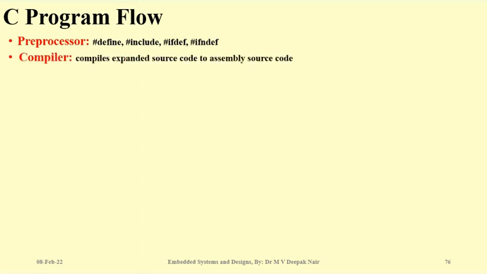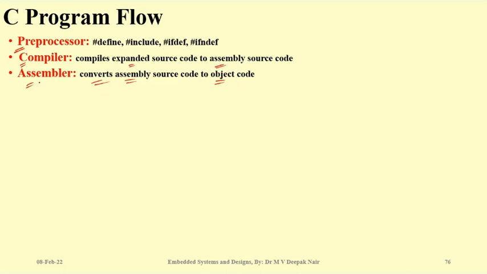Then the compiler, of course, expands the source code into assembly code. We call it a cross compiler when you convert C files into Java, or Java to Python or something; there are cross compilers also available. Then we have assemblers, which convert assembly code to object code. So please follow this. First the preprocessor will run. Then the compiler will run, in which the program that you write in C is converted to assembly code.